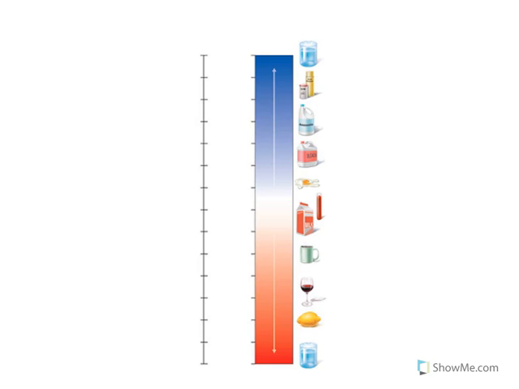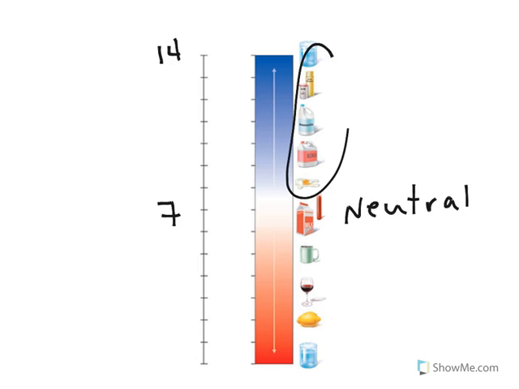When you look at the pH scale, 7 falls right in the middle, and that's considered to be neutral. Whereas when you move towards the top of the scale, you move towards 14. You can actually see in your book, it tells you the exact pH of these substances over here.